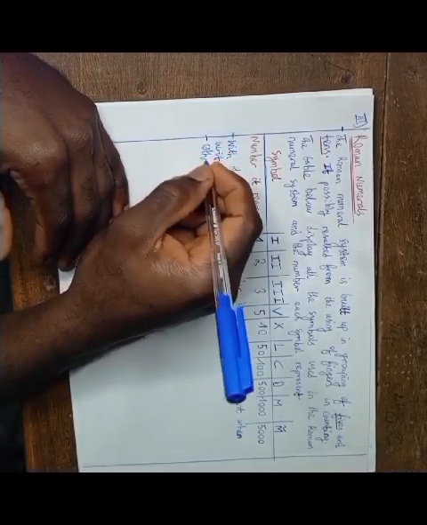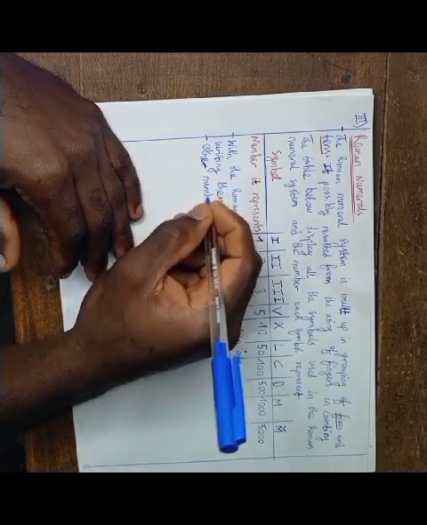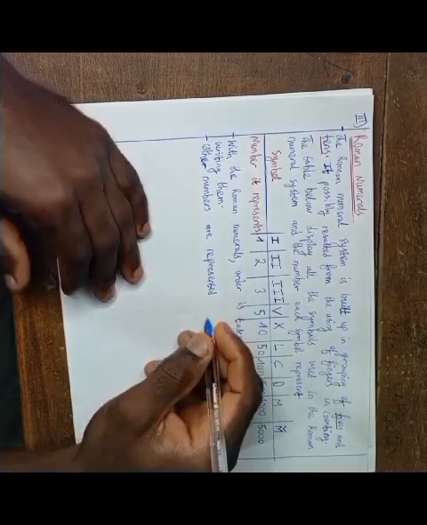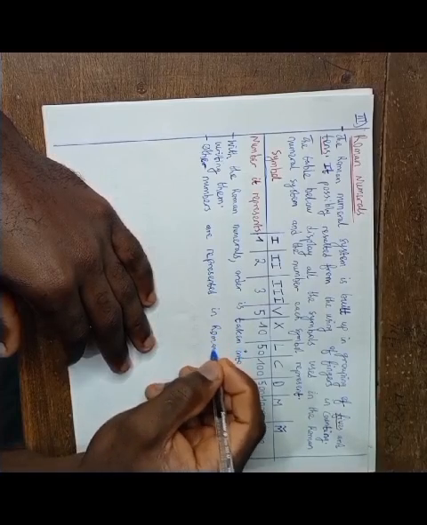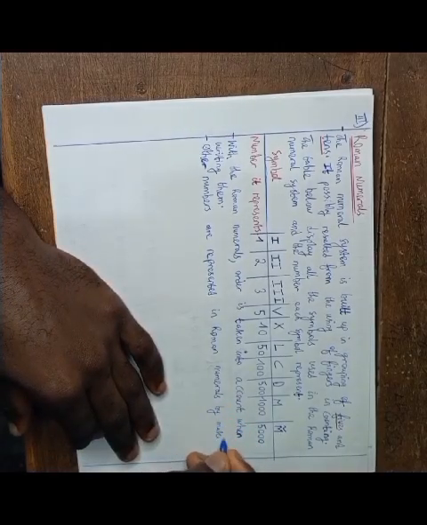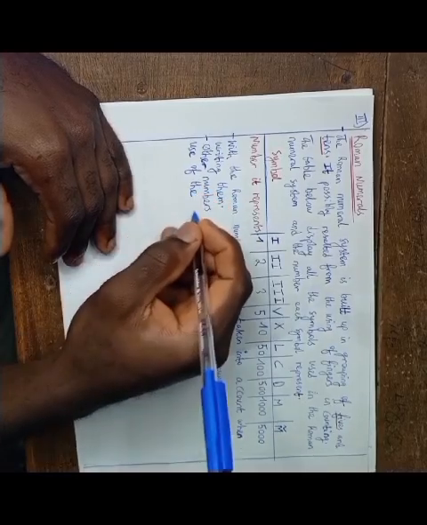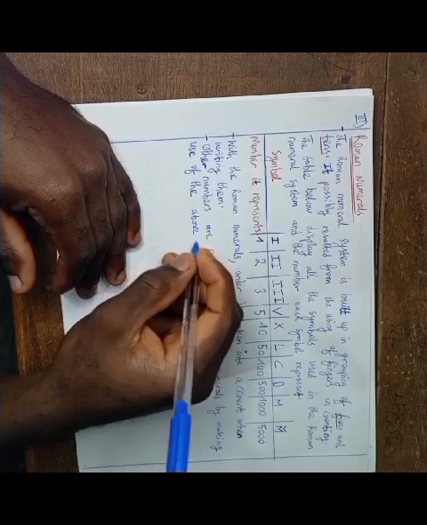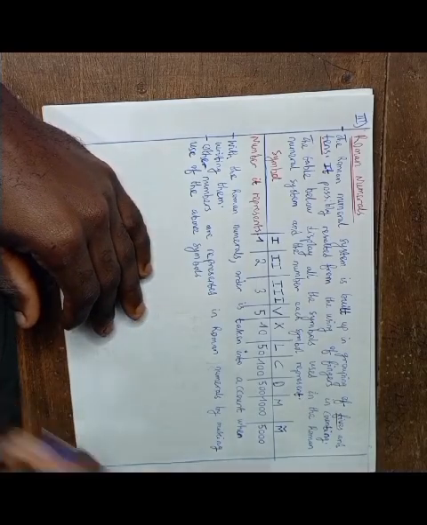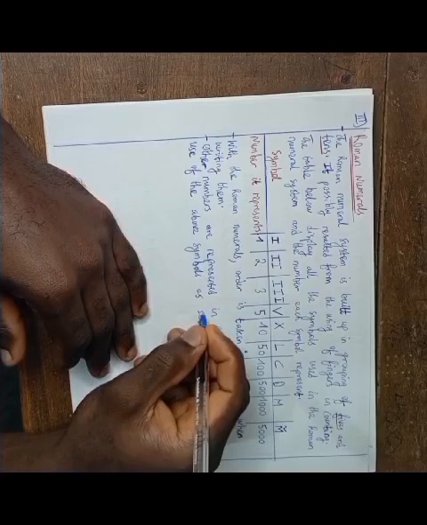The next hyphen: other numbers are represented in Roman numerals by making use of the above symbols, as seen below.